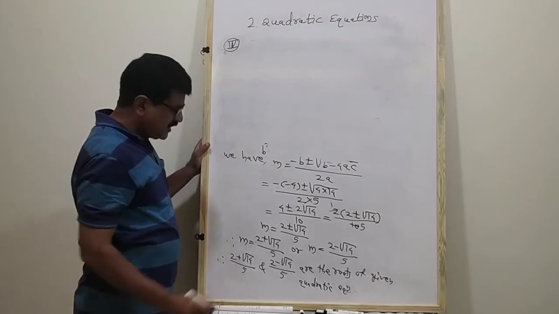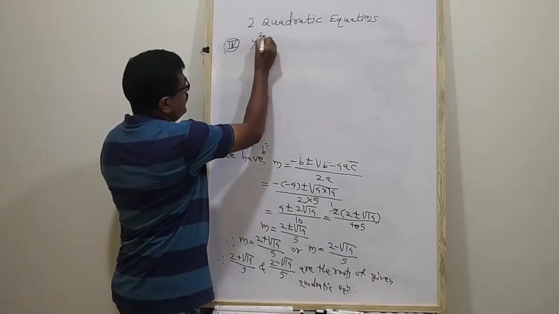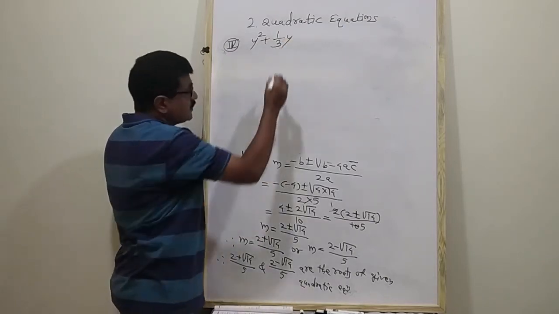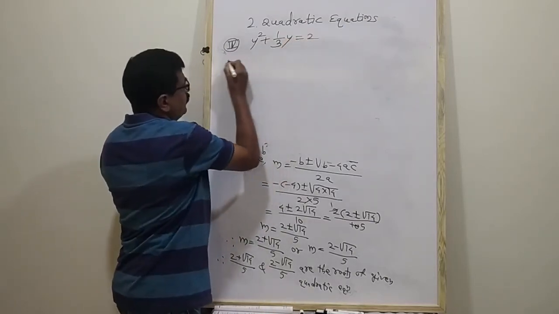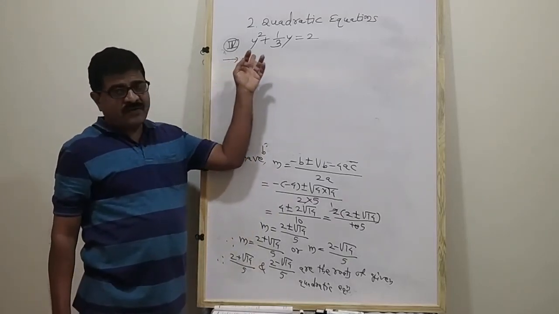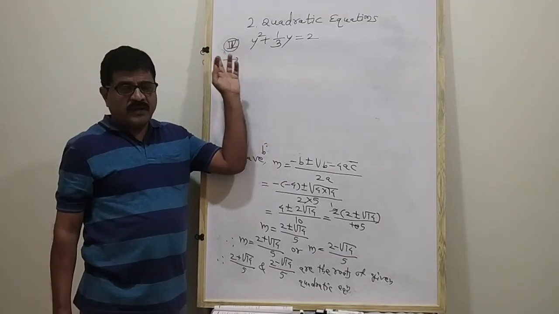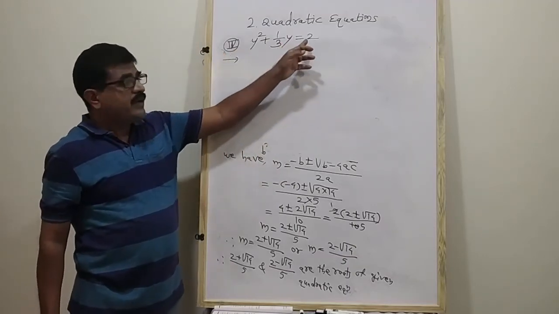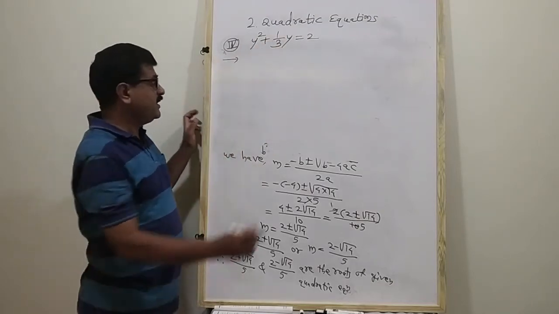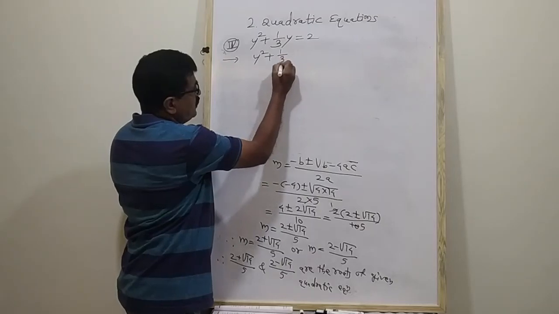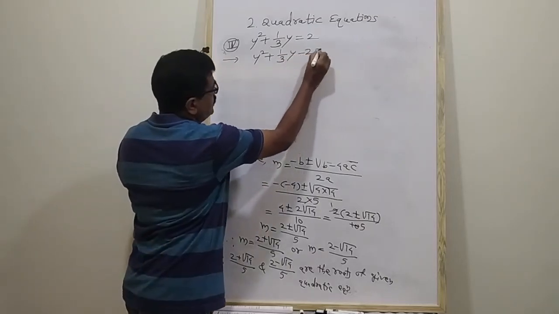y square plus 1 upon 3y is equal to 2. Now first step is write down given equation in the form of ax square plus bx plus c is equal to 0. That is, take all this term to the left hand side. Therefore y square plus 1 upon 3y minus 2 is equal to 0.